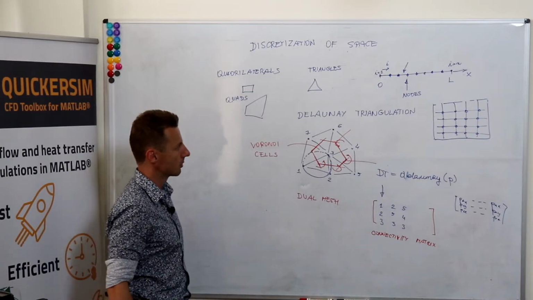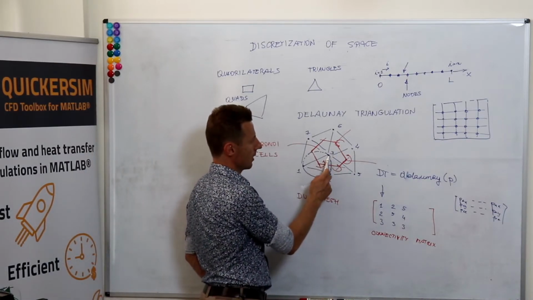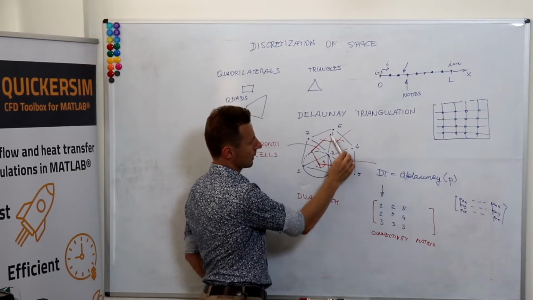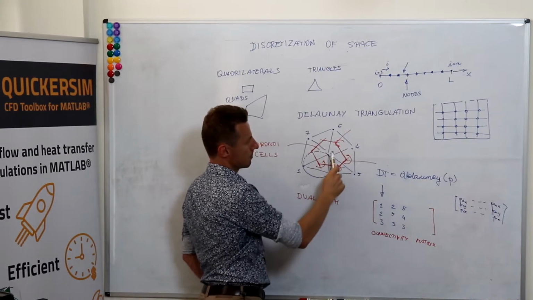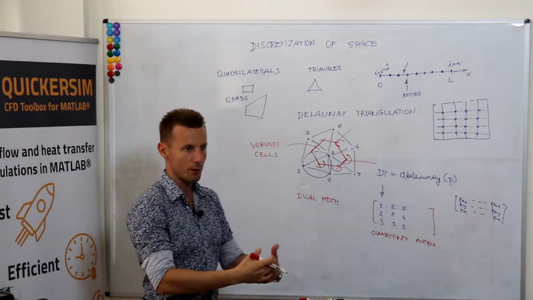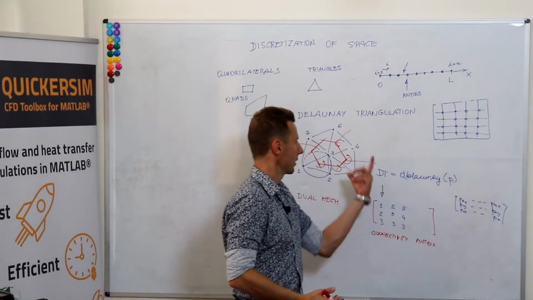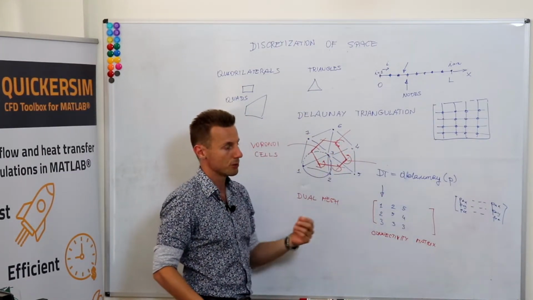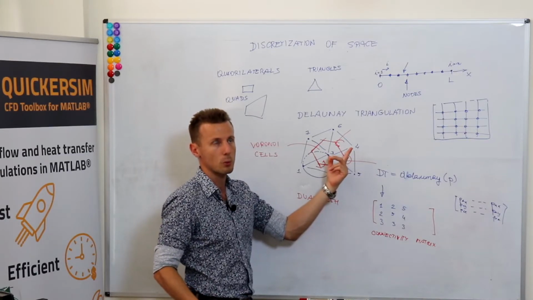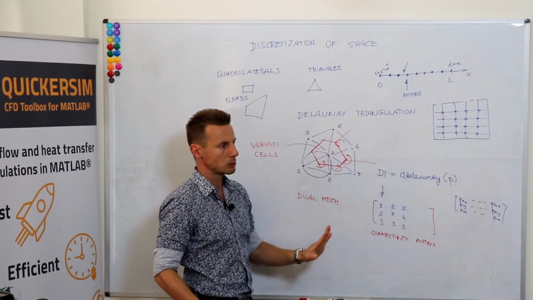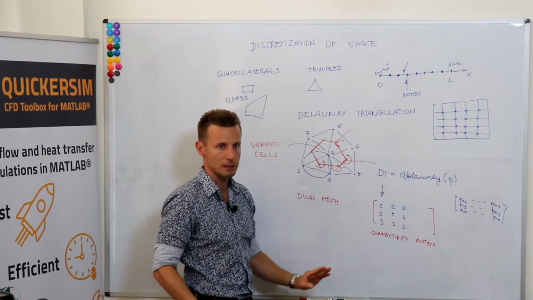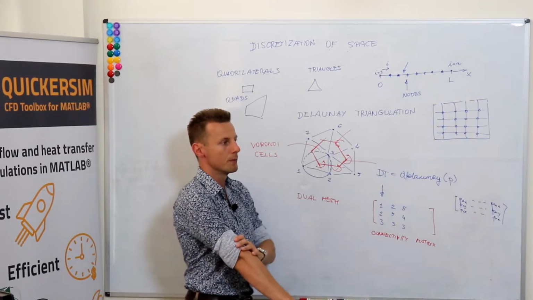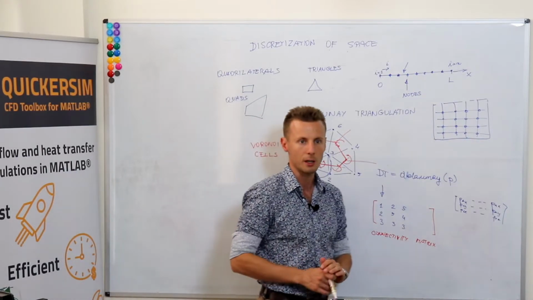The nice feature is that by definition, when you've got two vertices, you have the guarantee that the wall between these two vertices is perpendicular to the line that connects them. That's nice, because when we want to advect any fluxes, convective fluxes, it's nice to have walls that are perpendicular to the direction of the convection.